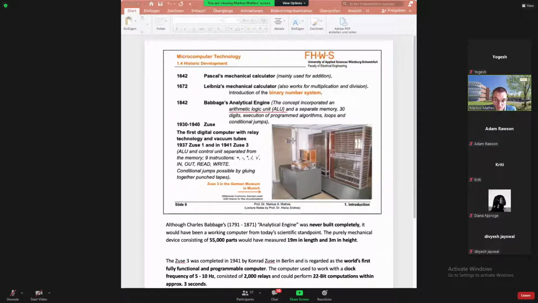This Babbage analytical machine was able to process 30 digits, so small numbers in the end, only 30 digits. And the execution was driven by a programmed algorithm. So loops were possible, and conditional jumps were possible.